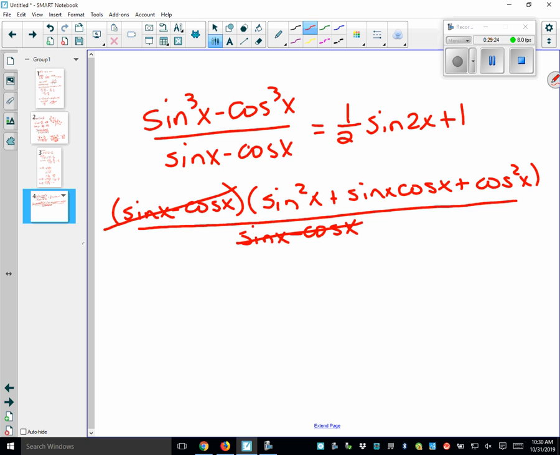That's where it starts. 1 plus sine x cosine x. Wait a minute. I have the 1 that I need. I need this to be this. What's by 2 top and bottom? He wants to do this.